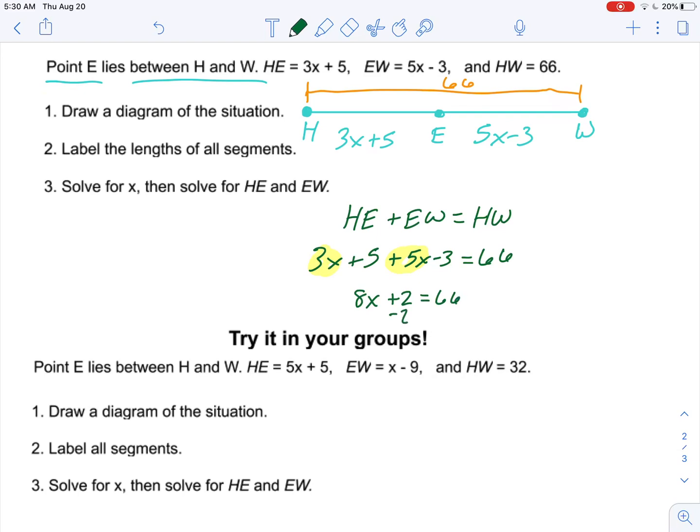And then I can subtract 2. So 8x is 64. And then our last step here, if I'm multiplying by 8, to get rid of that multiplication, I'll do the opposite of multiplication. So I can divide by 8, and x is 8.